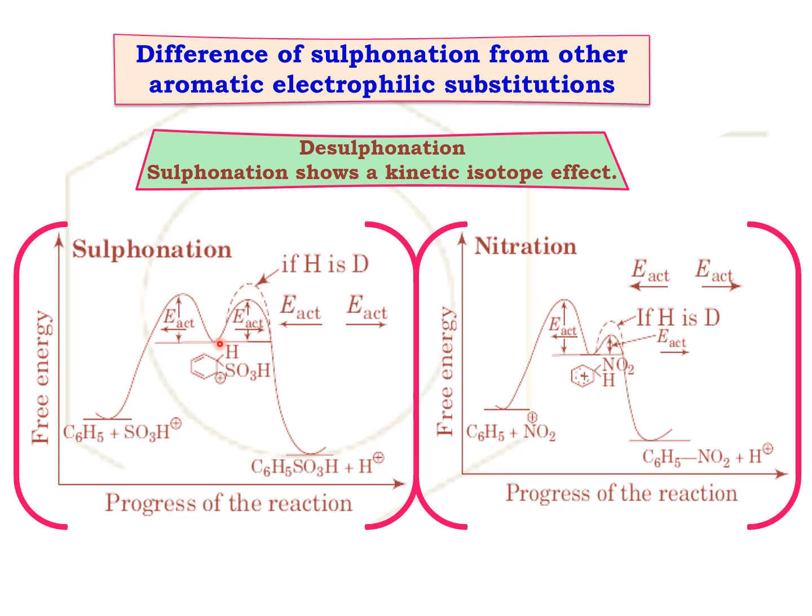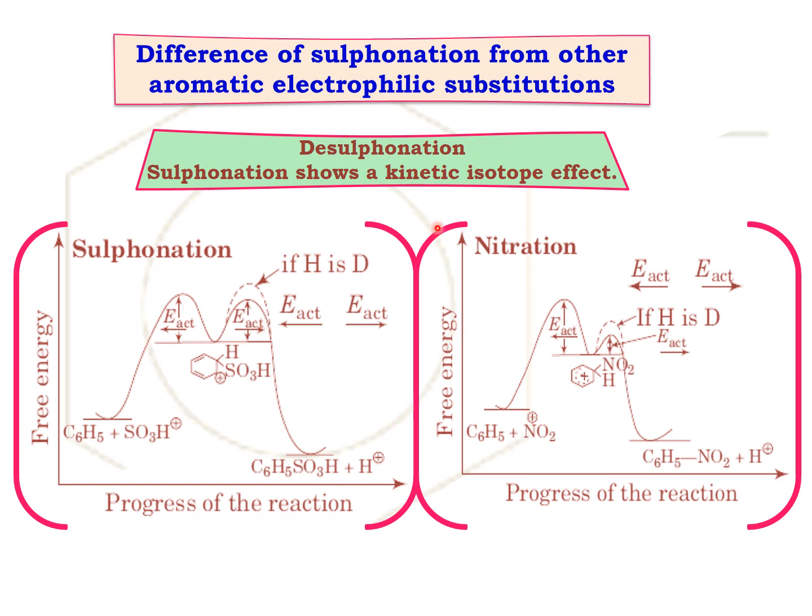And in the case of deuterated benzene, still more energy is required to convert into product than the normal benzene. It means deuterated benzene requires higher energy to convert into product than non-deuterated benzene for the sulfonation reaction.